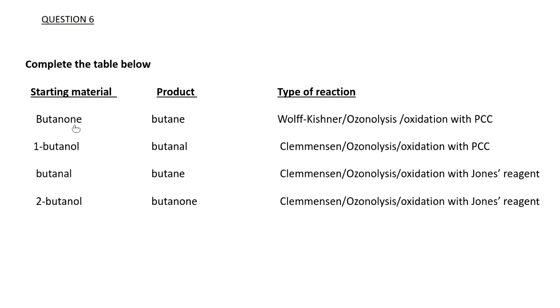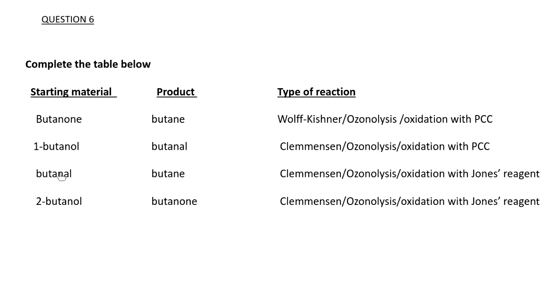So if we want to convert butanone to butane, what type of reaction would we use? Anybody can post in the chat. If we want to convert butanone to butane, can we use ozonolysis? Very good, Shakira. Wolff-Kishner, wonderful.